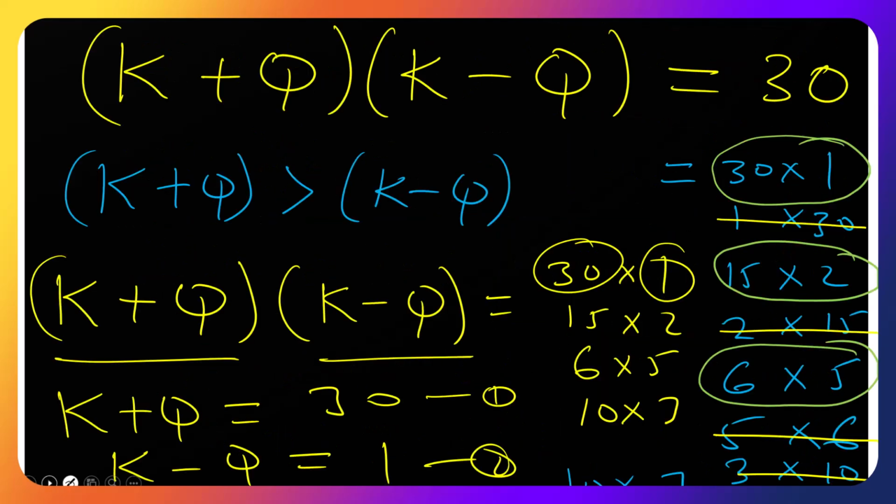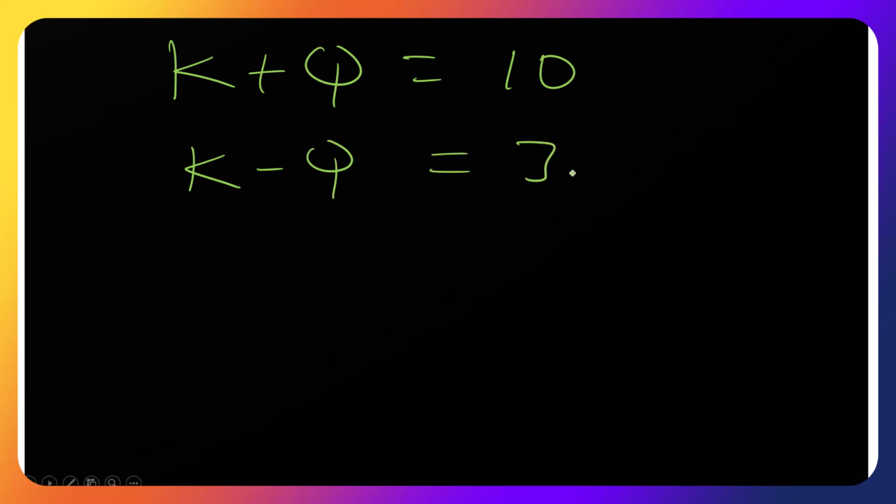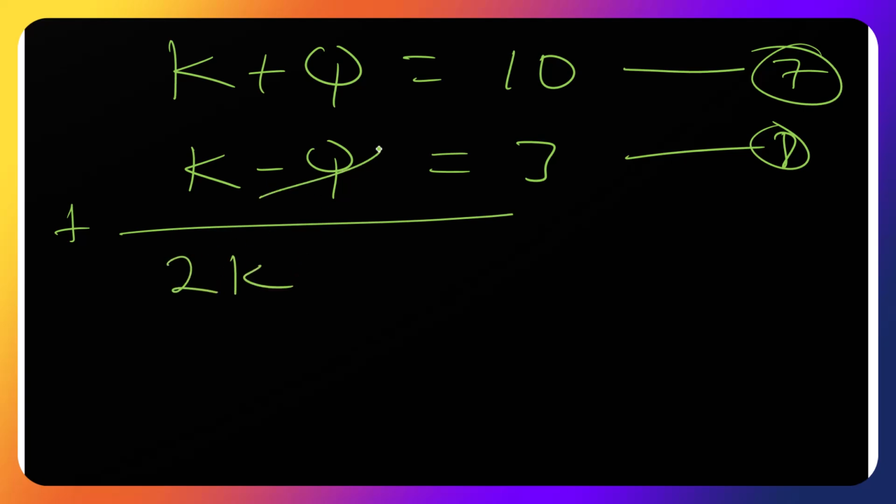Now let's look at the last solutions, 10 times 3. So k plus q equals 10, k minus q equals 3. So we have equations 7 and 8. Let's add. 2k on this side we have 13. So k is 13 on 2.